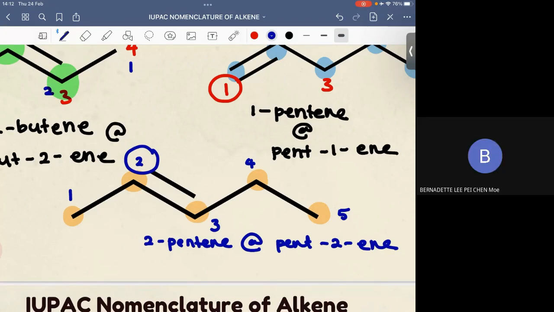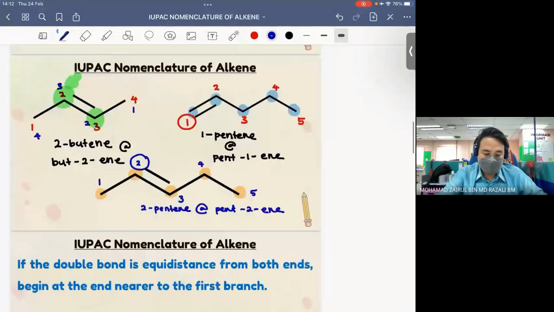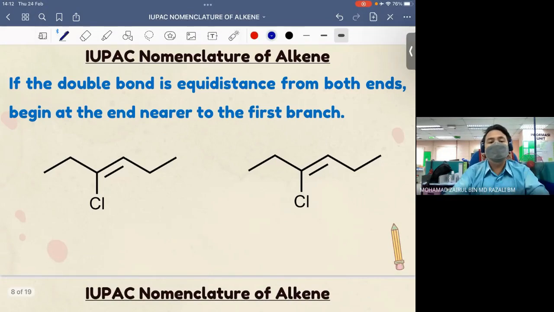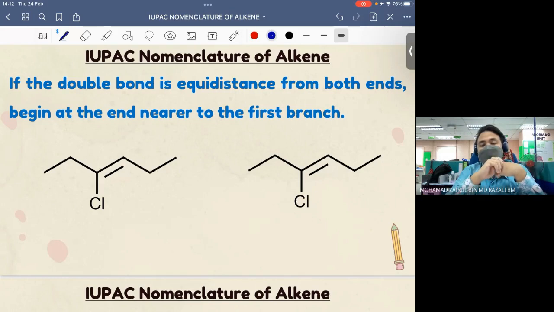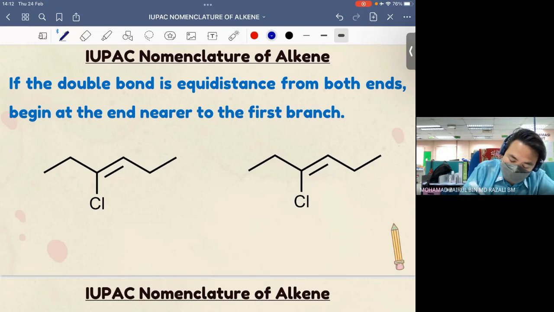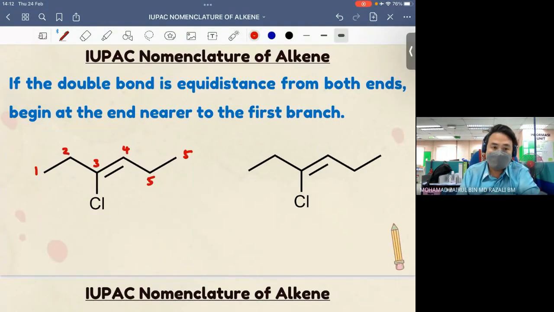No question. Alright. Okay. So now, if the double bond, in the case where you count from both directions and the double bond gets the same number, we will start counting from the end nearest to the first branch. For example, if I count from here, the double bond is located between carbon number 3 and carbon number 4, if I start counting number 1 from the left.